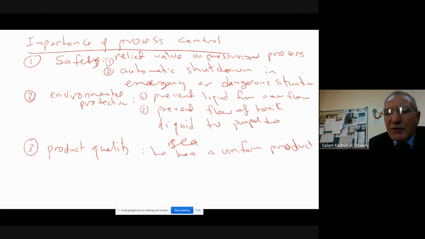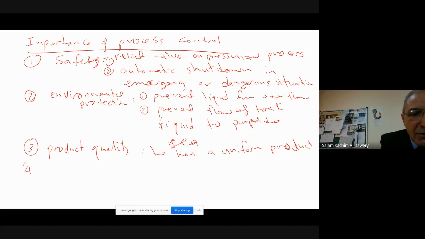Temperature will always be close to your desired temperature from the heat exchangers. The level in the tank is always fixed. When fixing level, it means fixing flow. Fixing flow means your operation will be smooth.